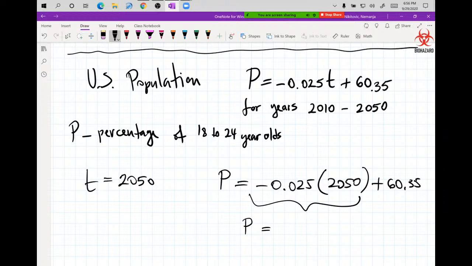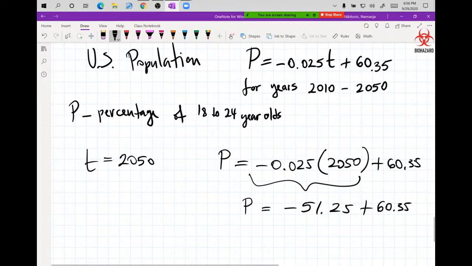That's the total answer. 51.25. Yes. So negative 51.25, and then when we add 60.35, we get that the percentage is 9.1%. This means that 9.1% of all people in United States will be 18 to 24 years old.